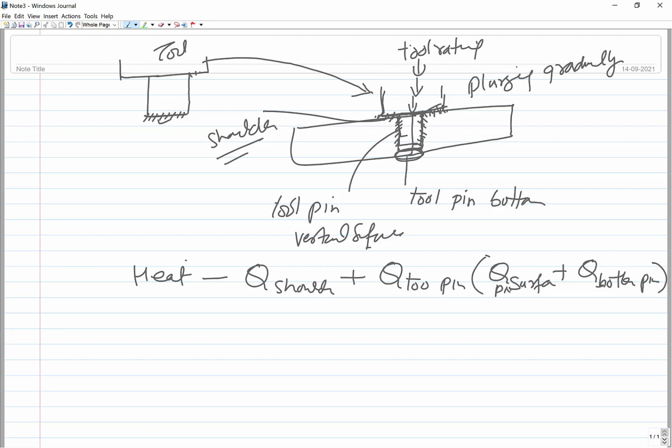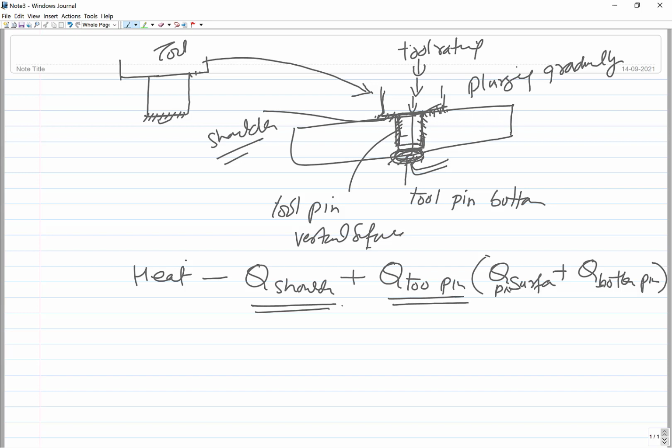So the tool pin contributes to heat generation from two aspects: the bottom of the pin and the vertical surface. This is about the tool pin, and this is about the shoulder.